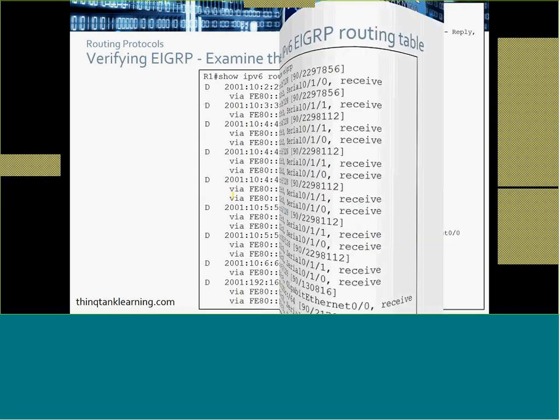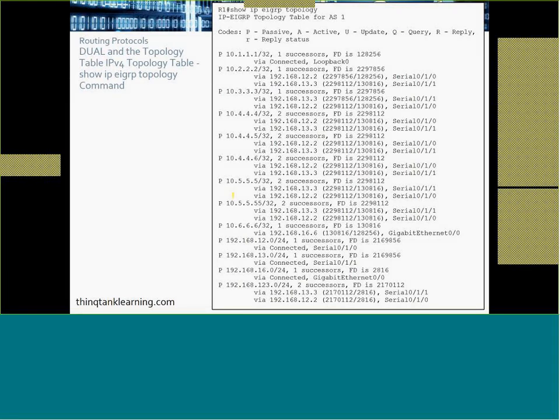The next thing we want to look at is our topology table. Remember, our topology table is a database that describes everything that I've learned from my neighbors. Now, if I come in here and I look at 10.5.5.5, right here, here's 10.5.5.0 and 10.5.5.5.